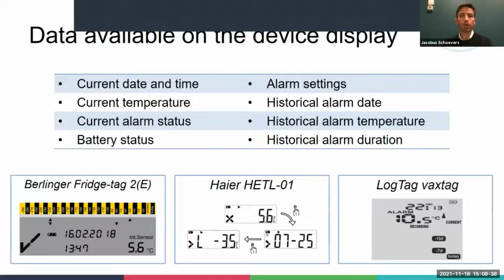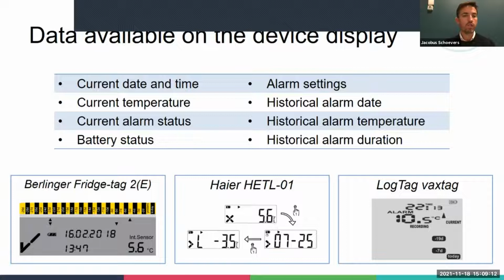So let's quickly talk about what data is available on the device display. As you can see here, it always shows you the current date and time, the current temperature, alarm status, and also the battery status. You can also see alarm settings, and then also going into the historical alarm dates, alarm temperatures, and alarm duration. So for instance here, on the Berlinger FridgeTag 2E, which you can see on the bottom left screen here, the little check mark there shows you the overall alarm status, whether or not there was an alarm detected.